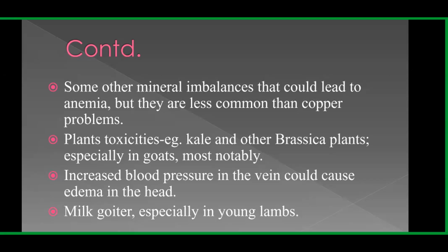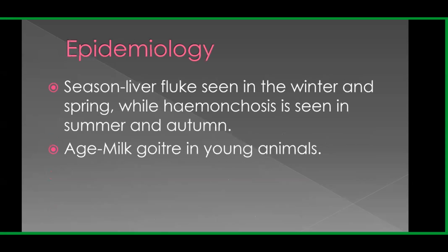These kids are newly born, 15 days to 1 month of age, and they will have a good swelling in the submandibular region, and that is many times confused as a bottle jaw condition. But that is not bottle jaw. That is an increase in the size of the thymus gland that is seen in certain breeds and certain lines of goat and sheep. So we have to differentiate.